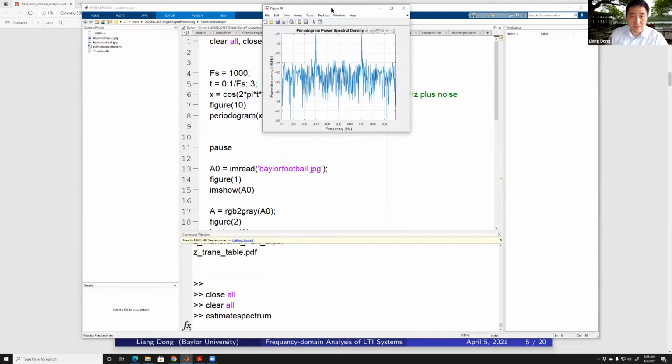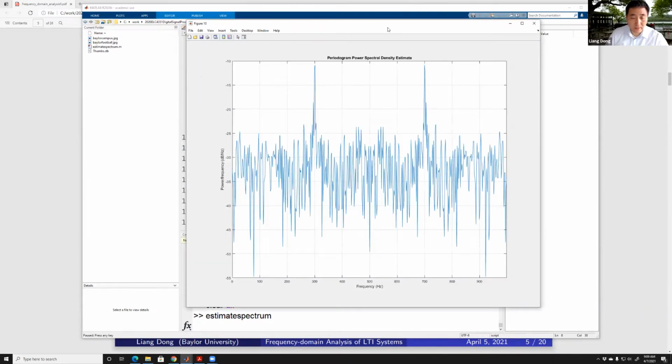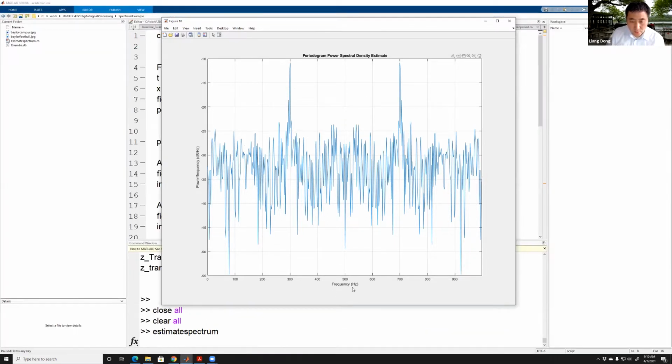All right, so this is the picture we have. It's oversampled, but we can see that it's from 0 to 1000. The x-axis is just frequency in Hertz from 0 to 1000, and of course we know that from 500 to 1000 is the repetition.